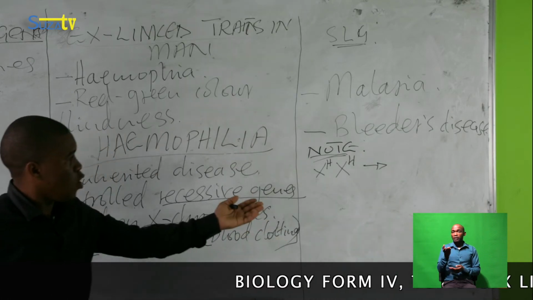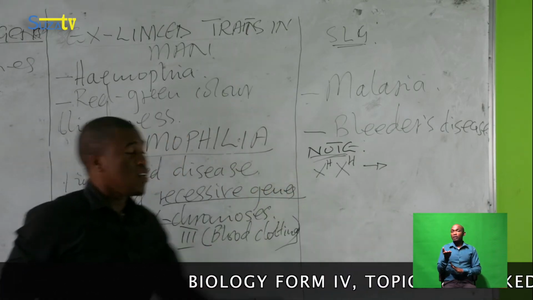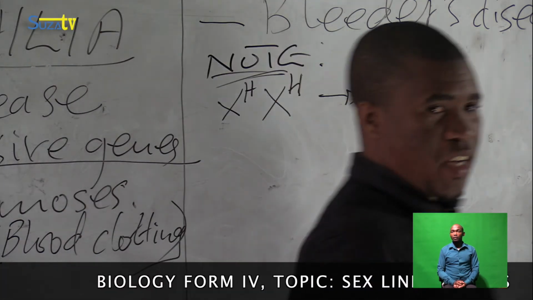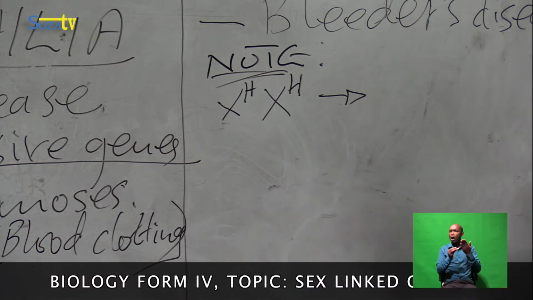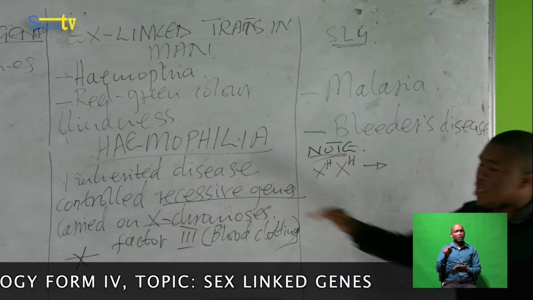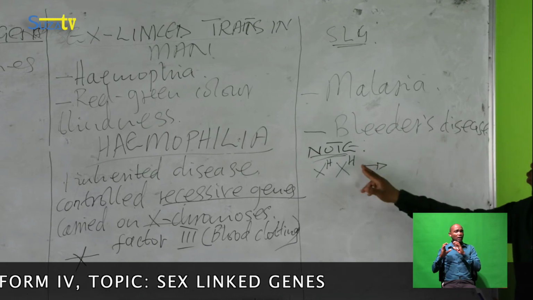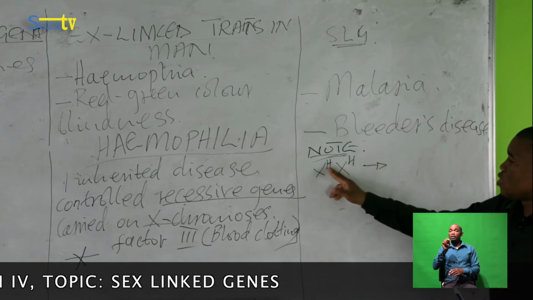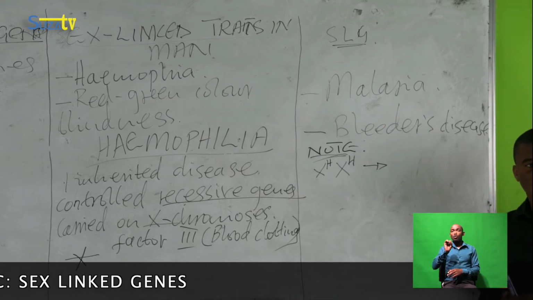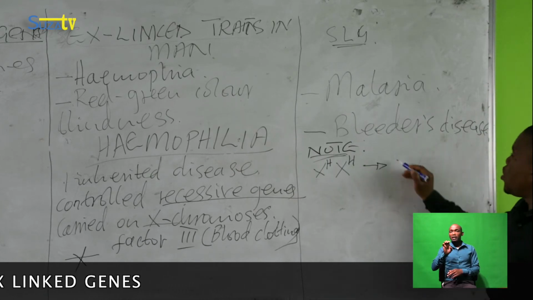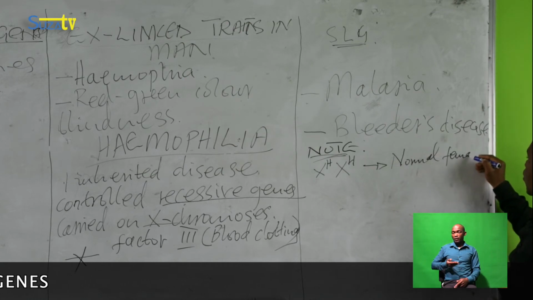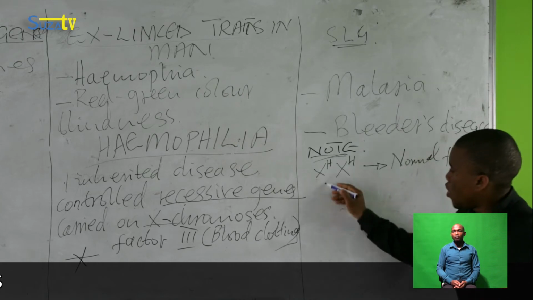The state of this female? Carrier. Why will this be a carrier? We already said this disease is mostly controlled by a recessive gene, and all these are dominant genes and not recessive. So this one will be a normal female.